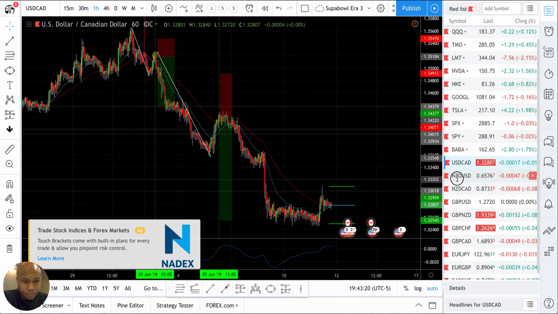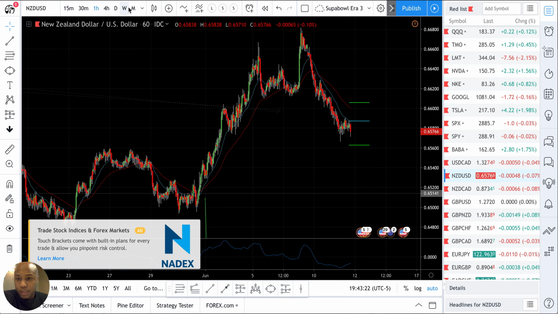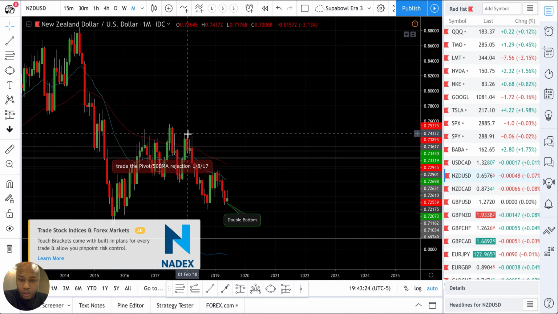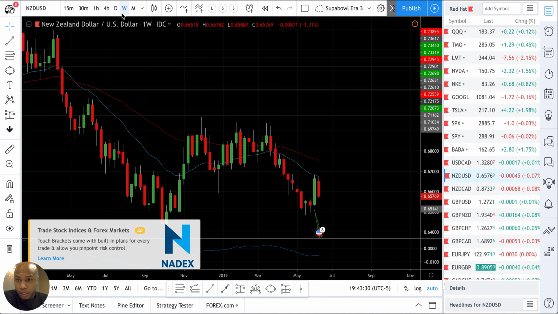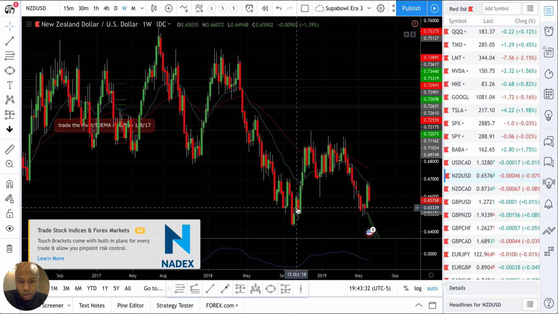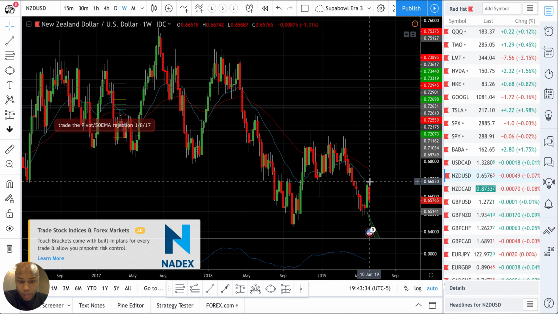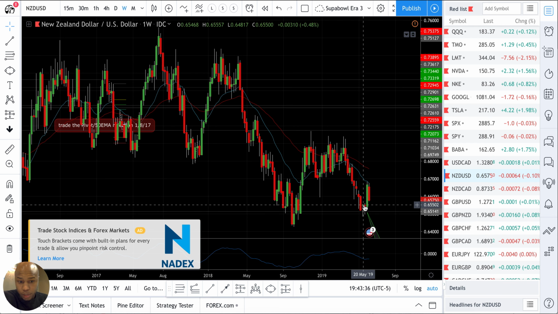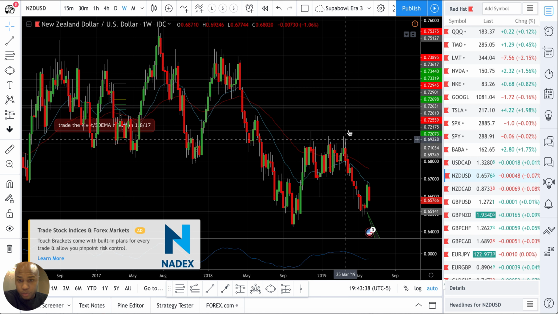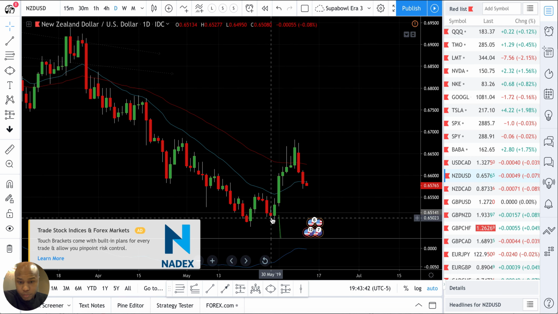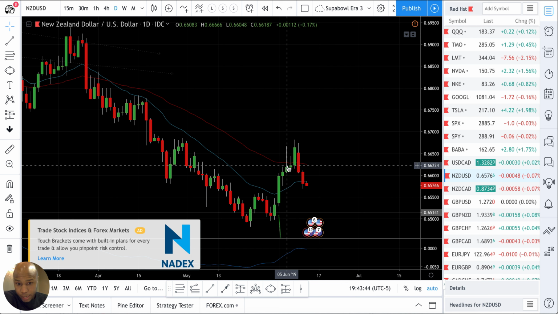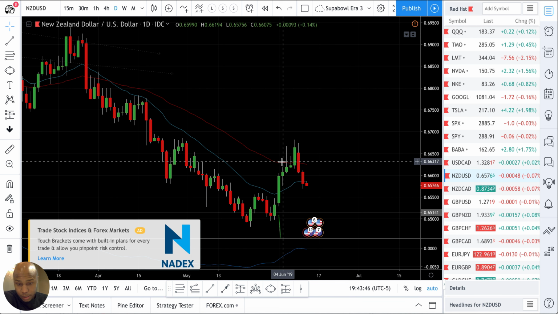Excuse me. NZD USD, starting on the monthly chart. Double bottom forming. Boom, boom. You see it? Okay. Weekly, also double bottom. Looks like we had a big bullish engulfing candle off of that bottom for the weekly. Okay, good. Good sign. Let's see what's happening on the daily. Daily came all the way up and hit the 50 EMA and stalled out right there.